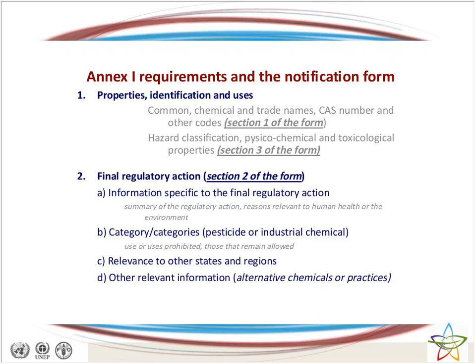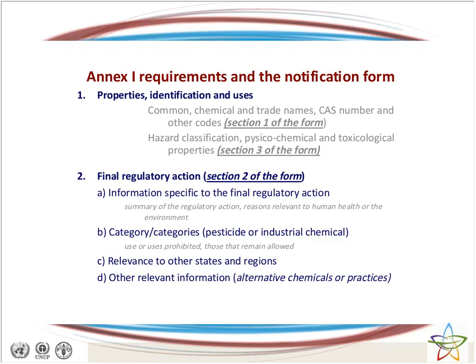In particular, the common chemical and trade names, the CAS number, and other codes like the GHS code or the harmonized code. And then the hazard classification. The physical, chemical, and toxicological properties are to be reflected in Section 3 of the form.